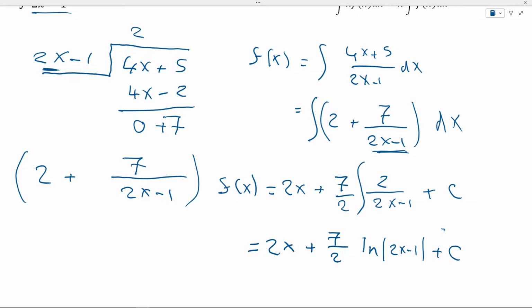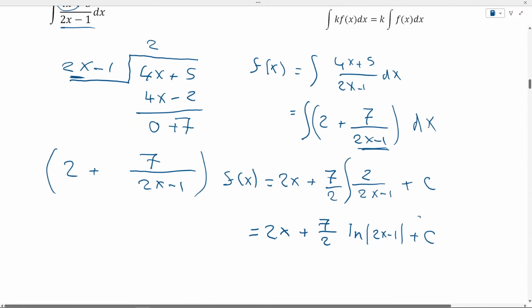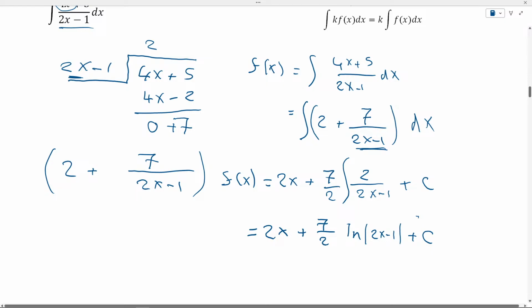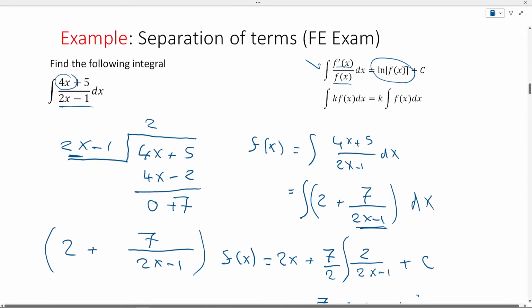And we have seen this before, because remember, we just did it here using this rule.